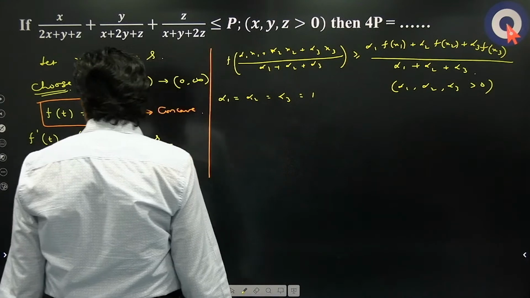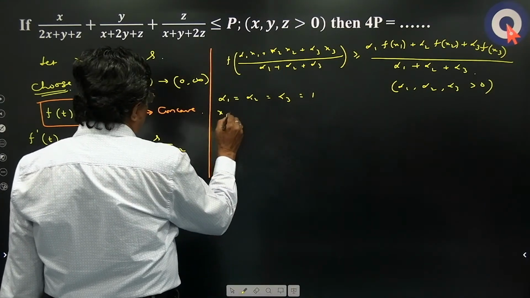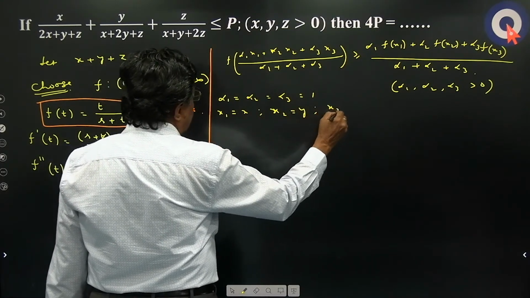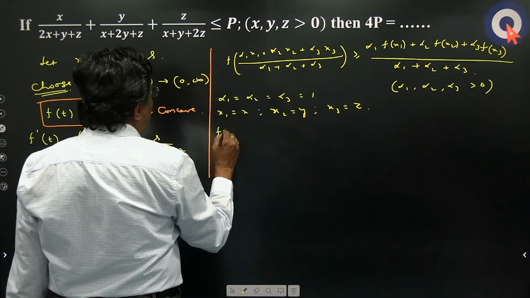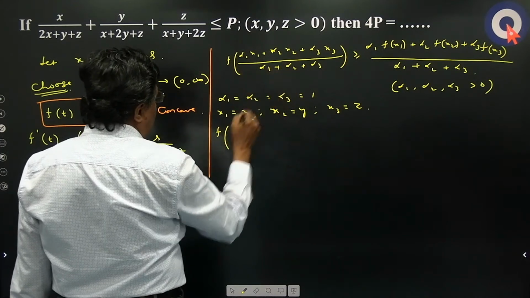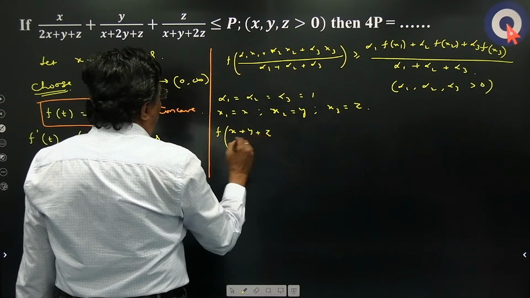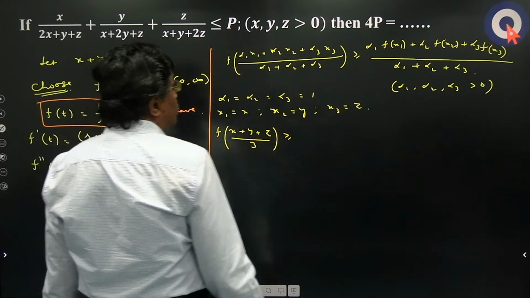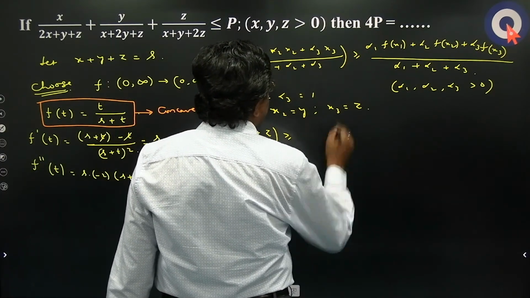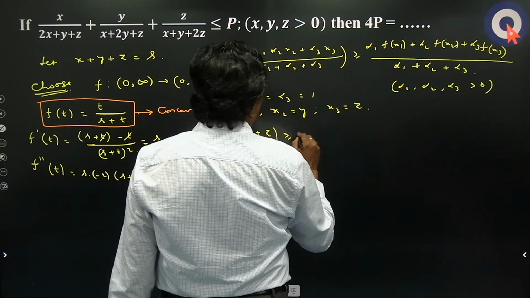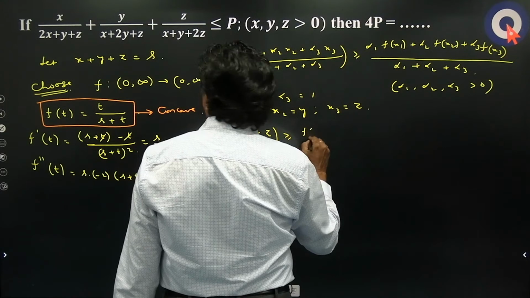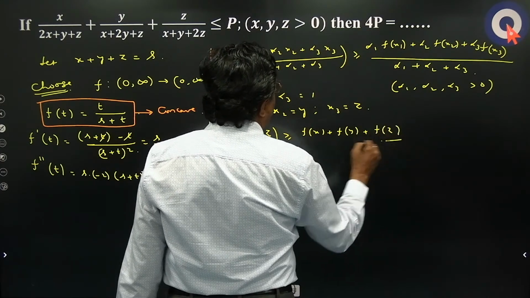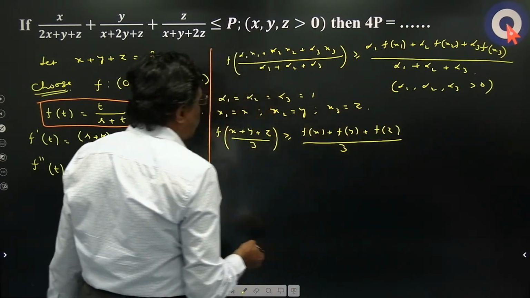This is what I will choose, and I will also choose in place of x1, x, in place of x2, y, and in place of x3, z, so that this becomes f of (x plus y plus z) by 3 is greater than or equal to (f of x plus f of y plus f of z) by 3, because alpha 1 is equal to alpha 2 is equal to alpha 3 is equal to 1.